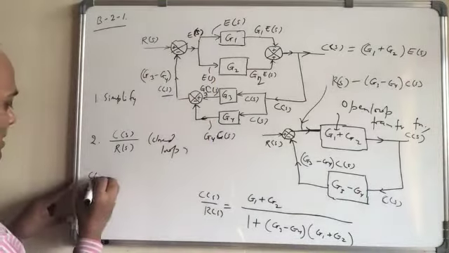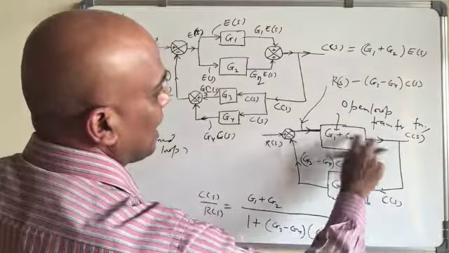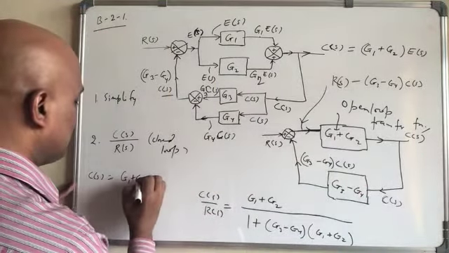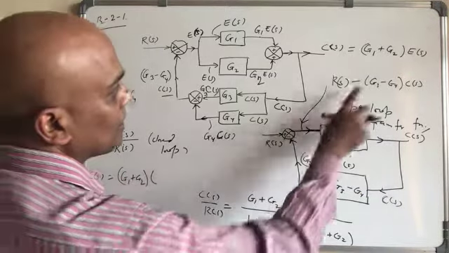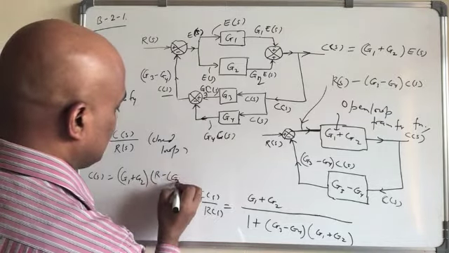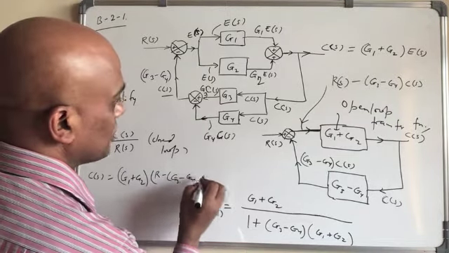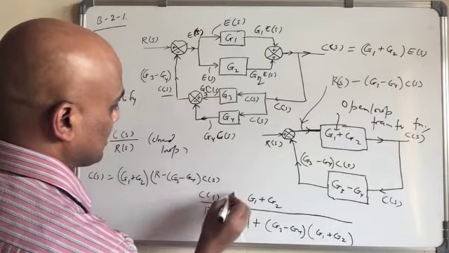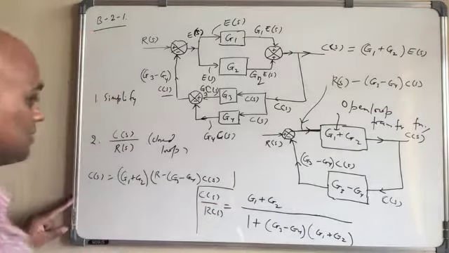So C(s) equals G1 plus G2 multiplied by R(s) minus G3 minus G4 times C(s).